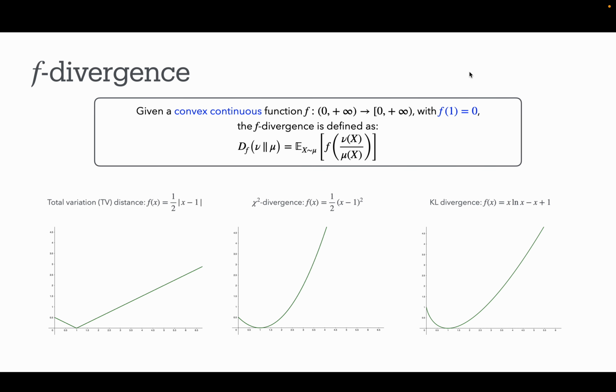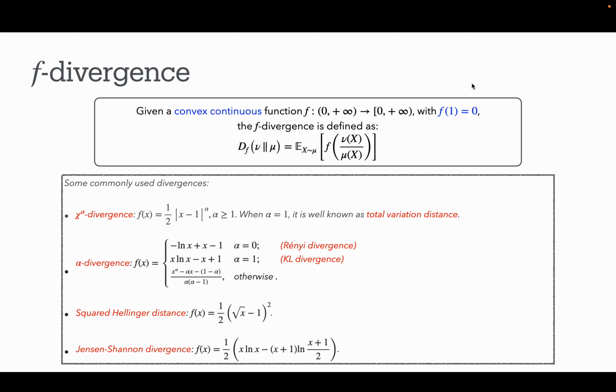Total variation distance corresponds to f(x) equals half the absolute value of x minus 1. Chi-square divergence corresponds to f(x) equals half of (x minus 1) to the power of 2, and the KL divergence corresponds to f(x) equals x ln x minus x plus 1.